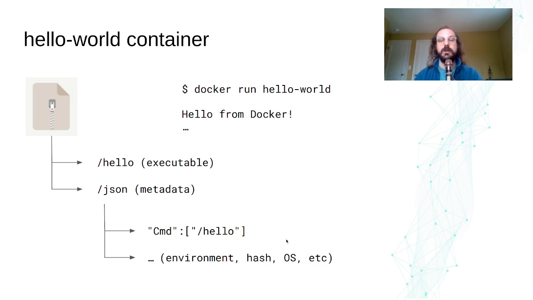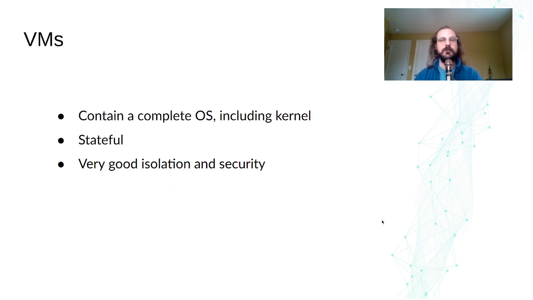It tells us which operating system it expects to run on, in this case Linux, and some other stuff. So that's all inside of the container image that we would download from the Docker Hub repository before we're able to run this image.